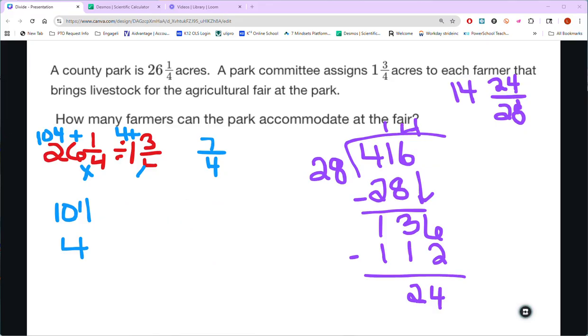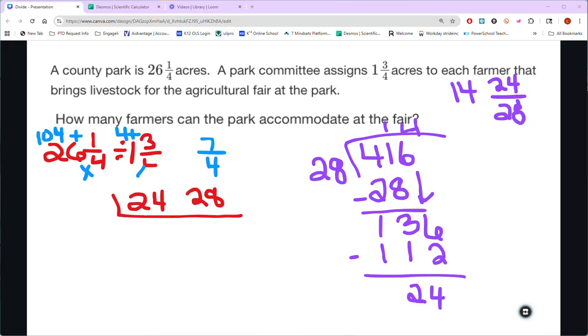So I need to reduce these numbers. I can use the ladder if I want to. We haven't done that for a while. Or I can, if those look like big numbers, so I'm going to do 24 and 28 to reduce my fraction. It's a pretty big one.